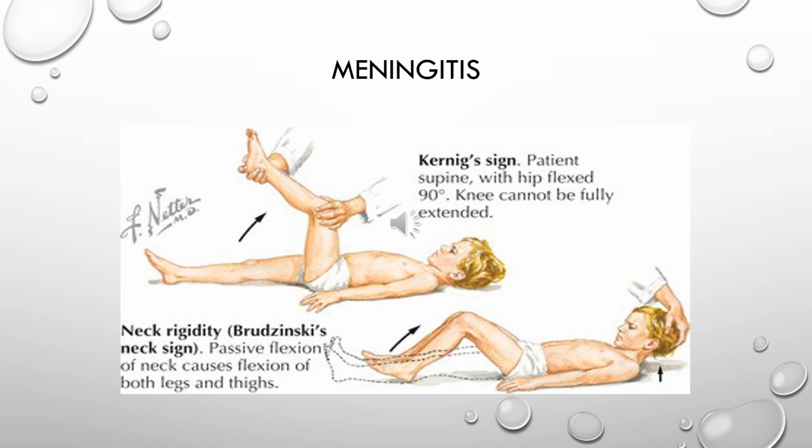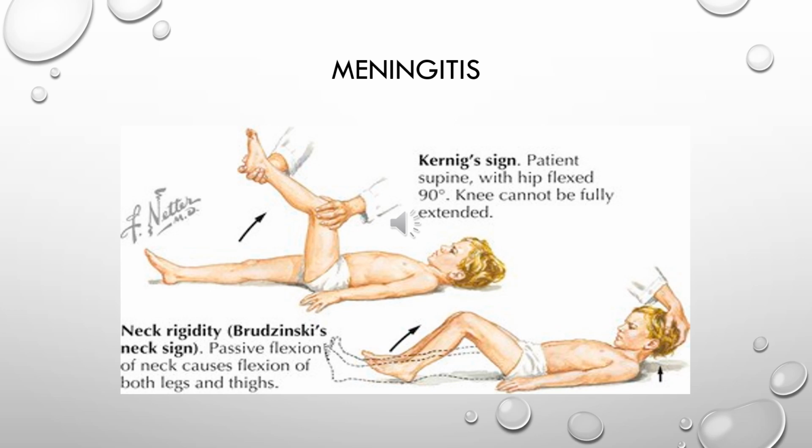So these are two tests that they perform when they're looking at potential meningitis, and they're kind of looking at this nuchal rigidity. The first one being Kernig's sign, with the patient laying flat with their hips flexed at 90 degrees. The knee cannot be fully extended, and you may also see that it causes pain when you're trying to extend that out.